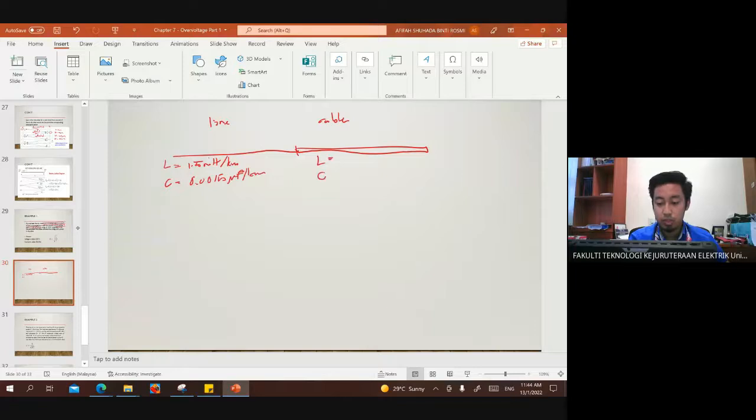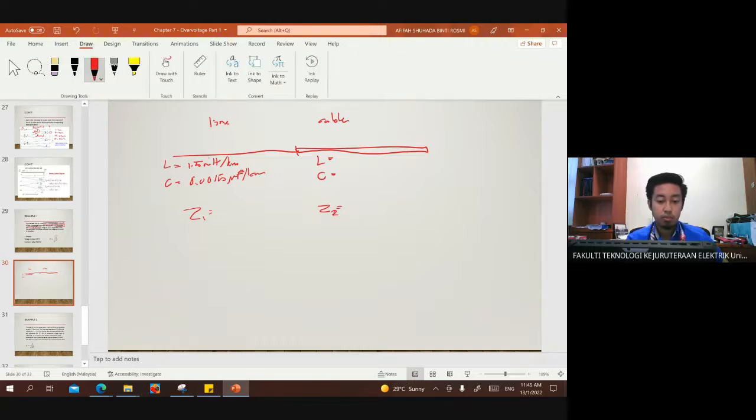The value of L and the value of C of the cable, and then you need to find the value of impedance Z1 and the value of Z. Okay.